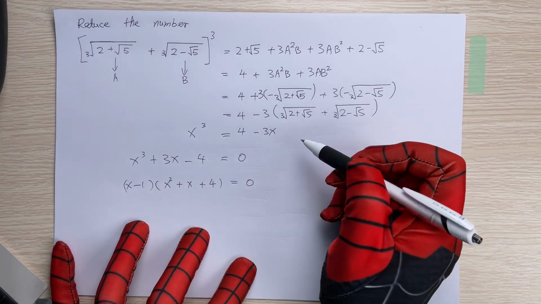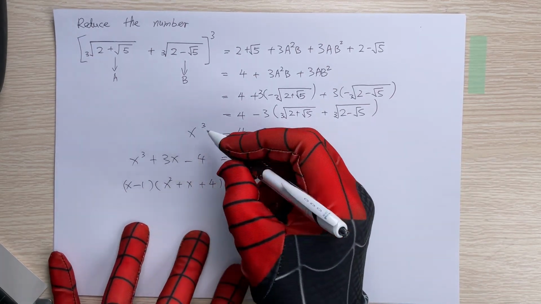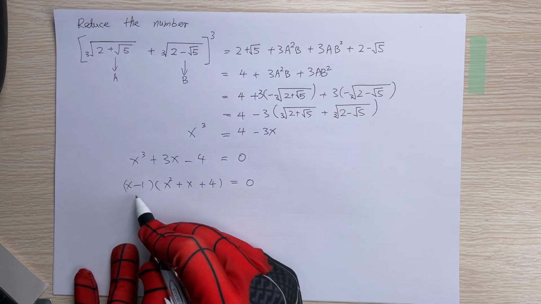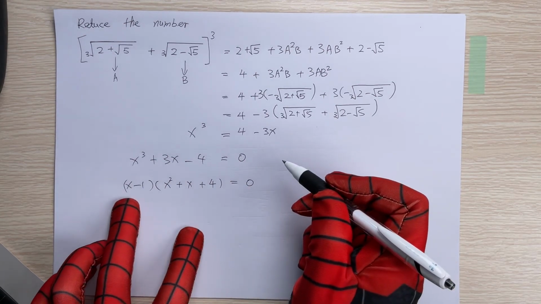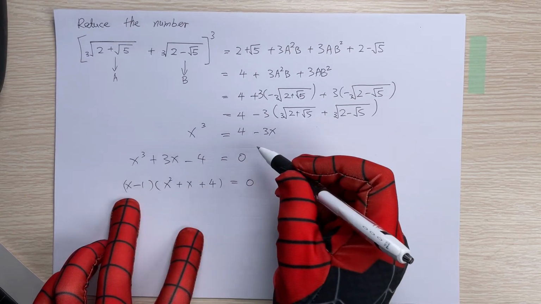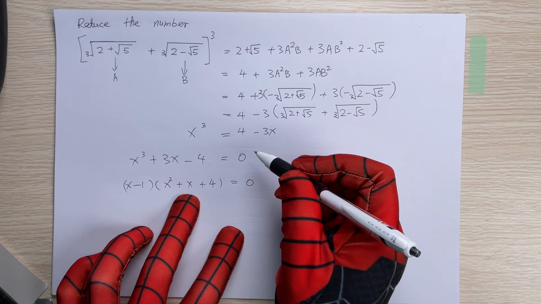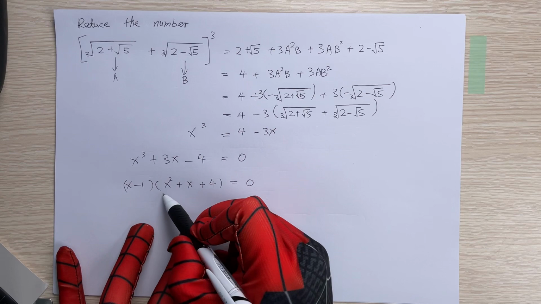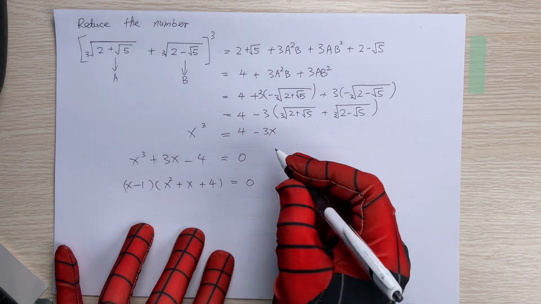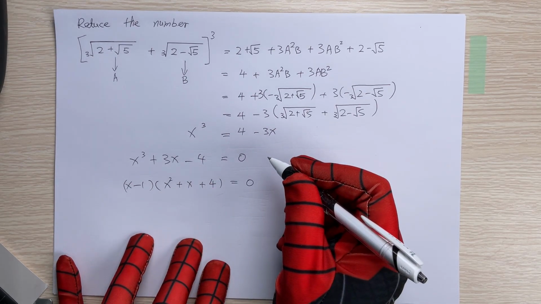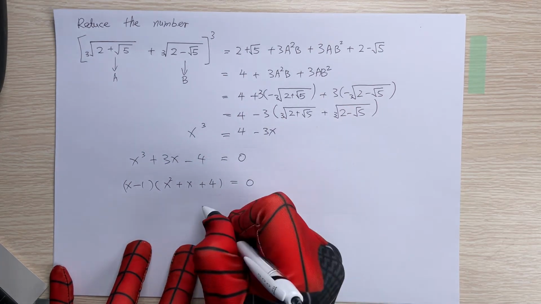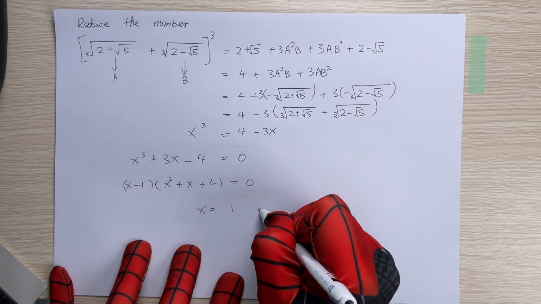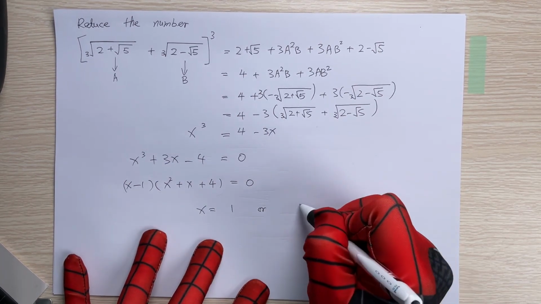So we managed to factorize this expression, with x equals 1 being a root of this equation. The other two roots will be imaginary, because if you look at the discriminant of this quadratic equation, it will be less than 0. So x equals 1, or the two imaginary roots.